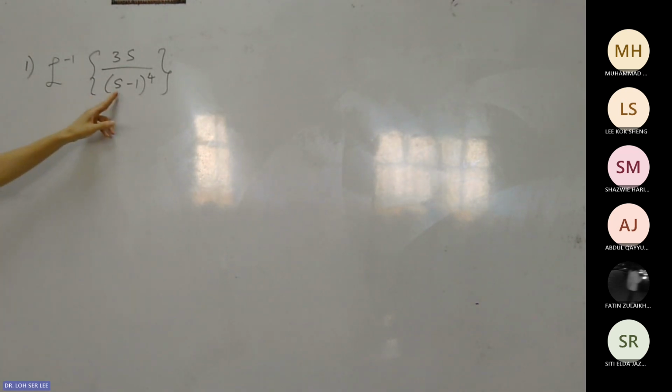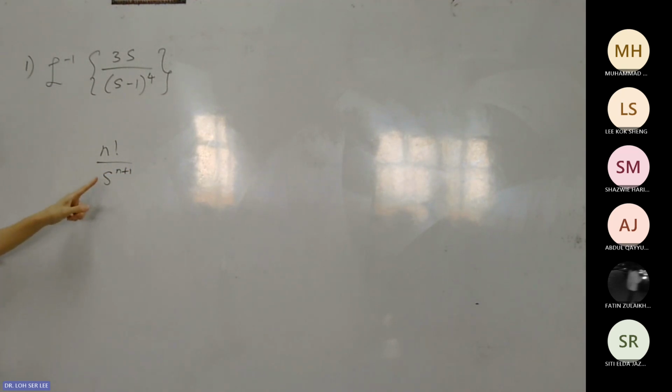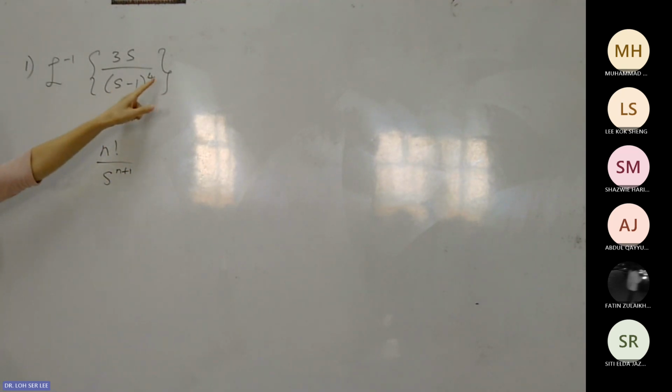This is an s followed by a constant and then power of 4. So power of 4 meaning that if you look at the list of formula, this is the one, the t to the power of n. It gives you the suitable formula, but this is n factorial over s to the n plus 1, then only you can get this 4.